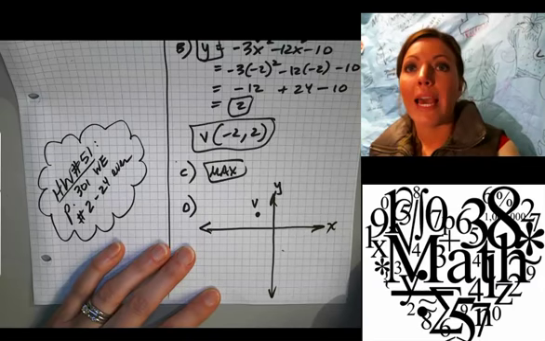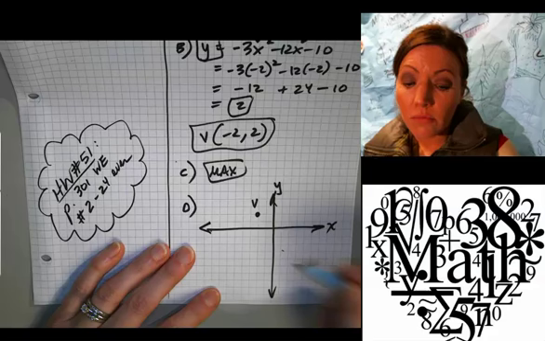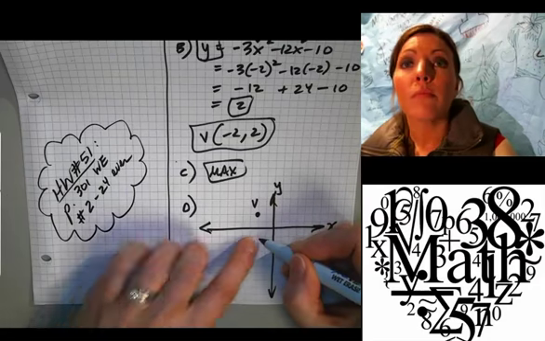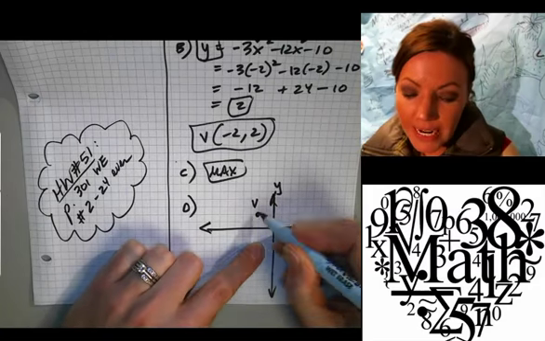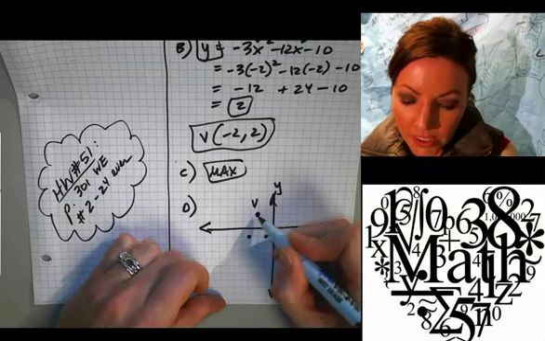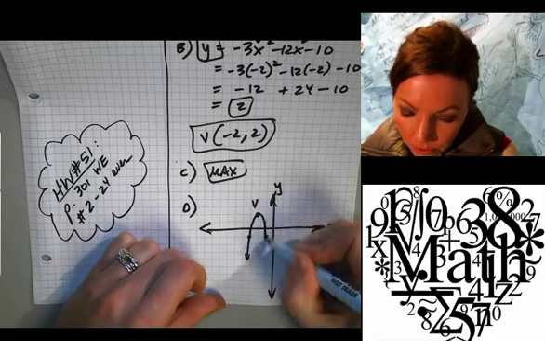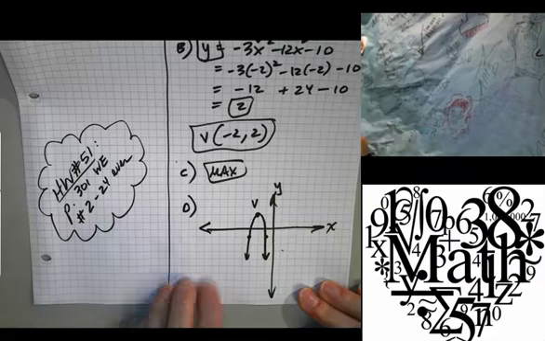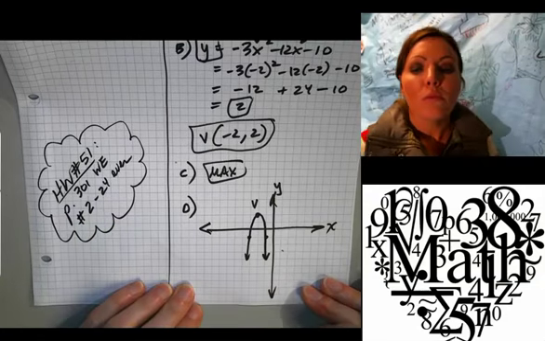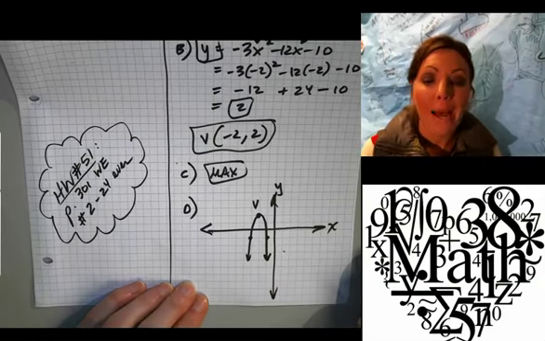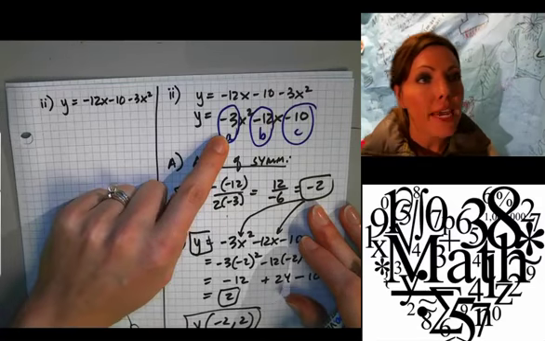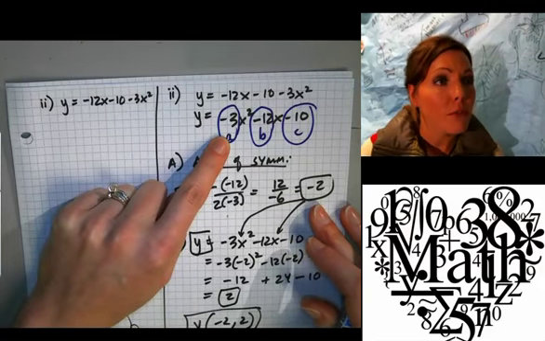Hannah: down 3, and then to the right and left 1 each, and put a curve through those. Sonia asks, why do we go down? Because our A is negative 3. That tells you how many to go up or down.